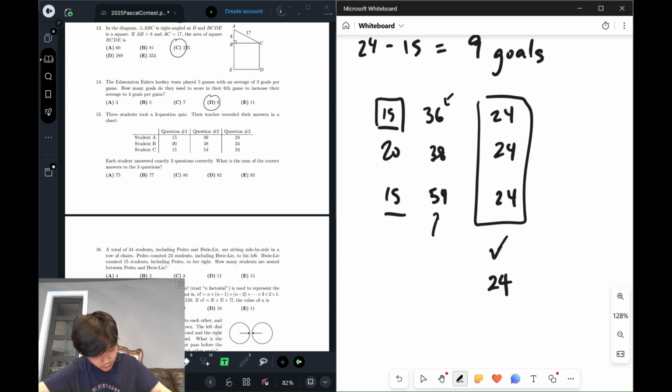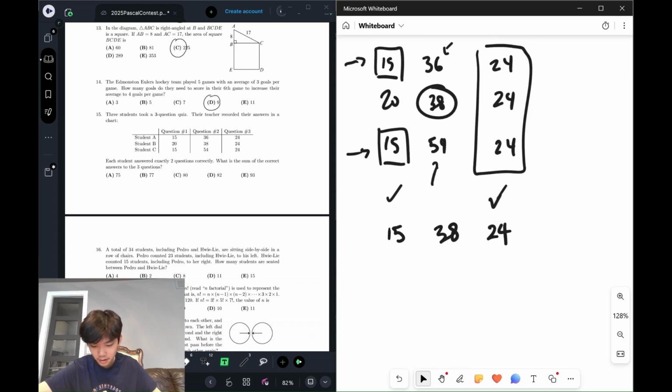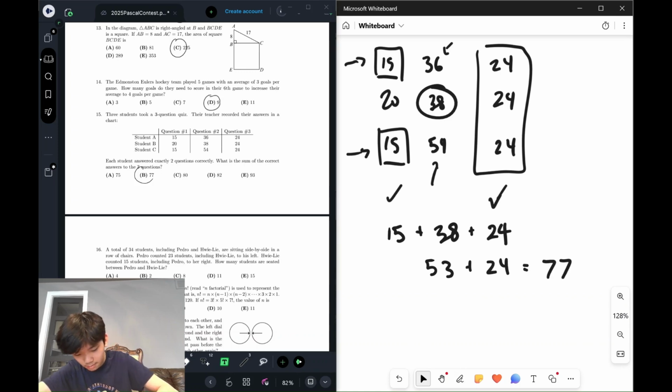Therefore, 15 also has to be correct. So now both of these two students each have 2 questions. Finally, the second student needs to have his second question as well, and that's going to be 38. The question asks for the sum of these 3 numbers, 15 plus 38 plus 24. That is 53 plus 24 is 77. So the answer is B.